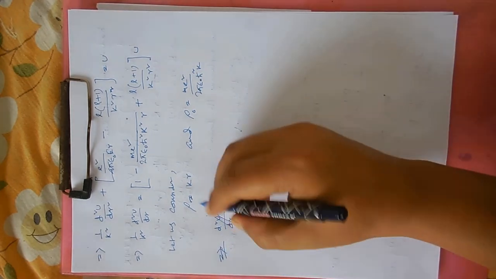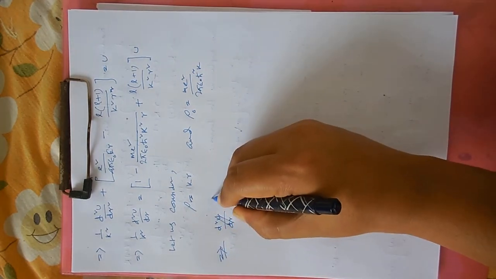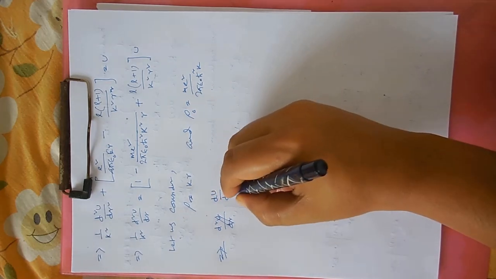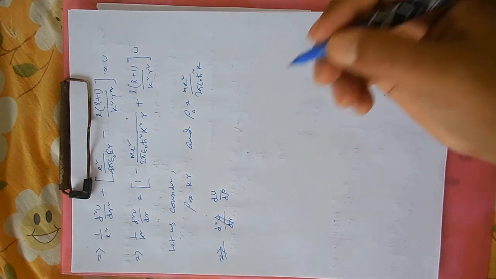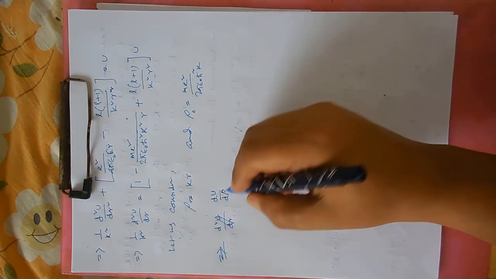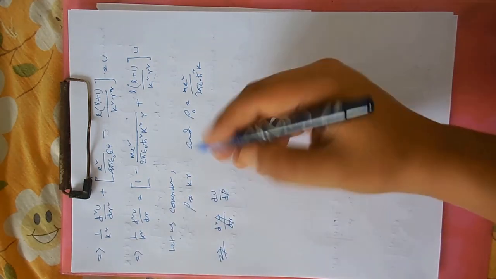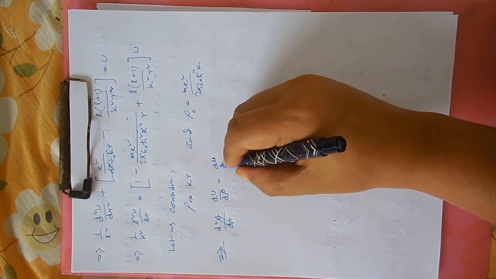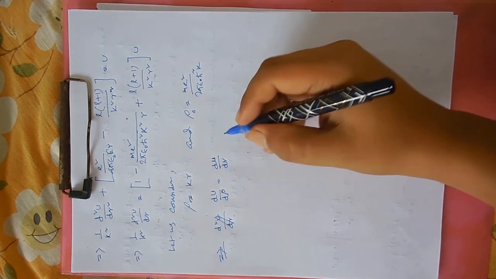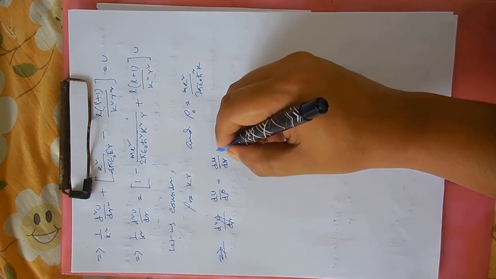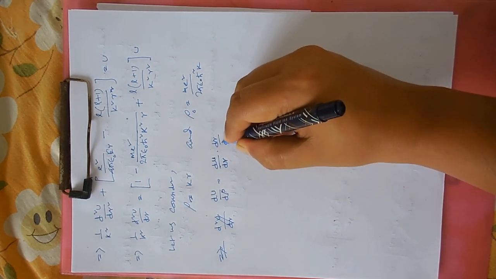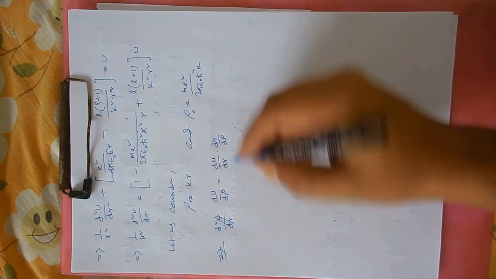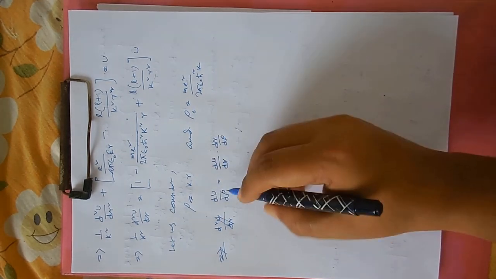So let us find d2u by dr square. You can write du by dr into dr by d rho, so dr by d rho you have to write.